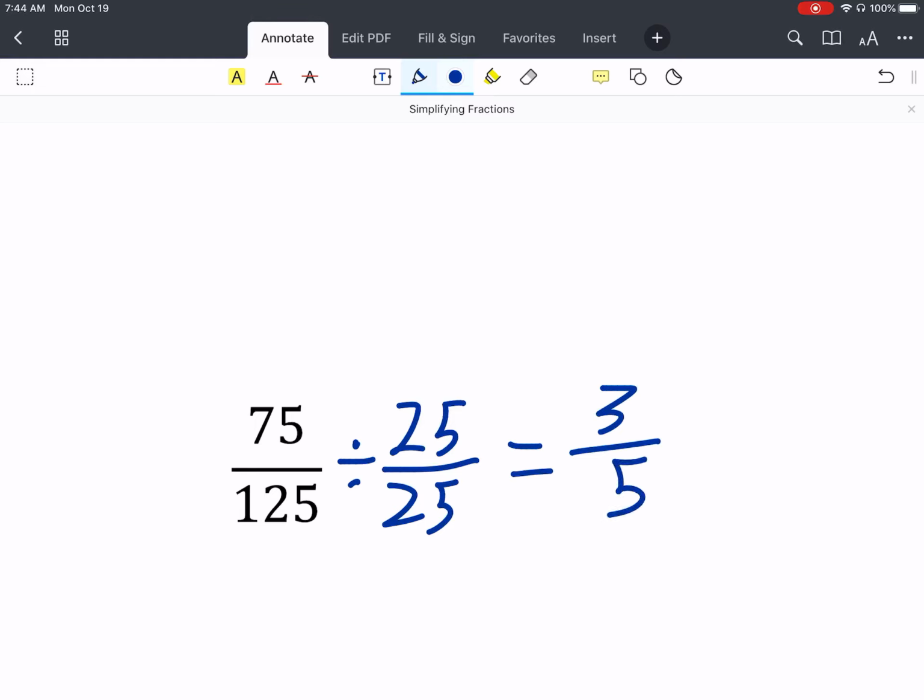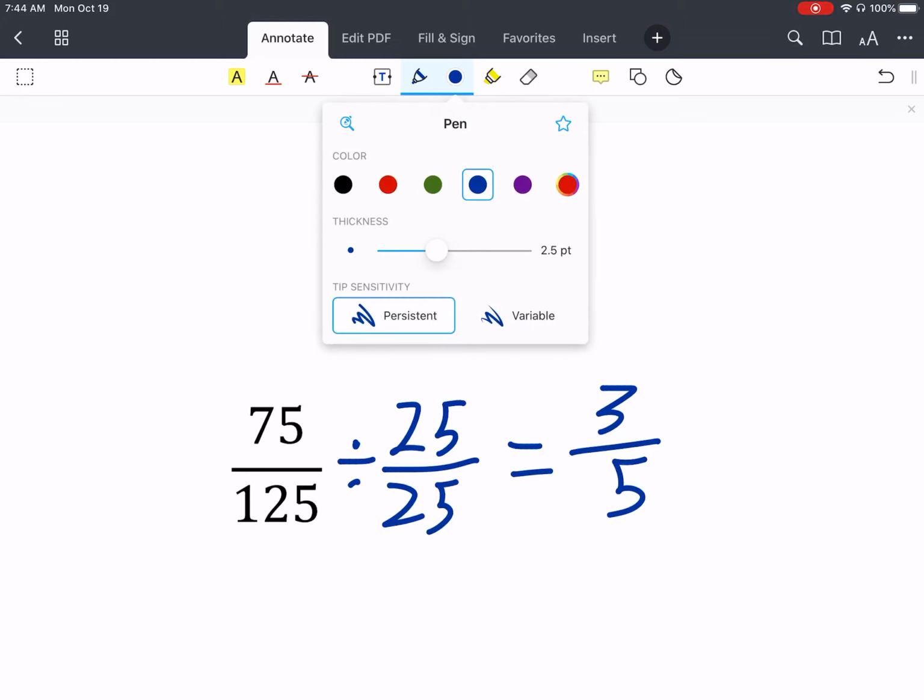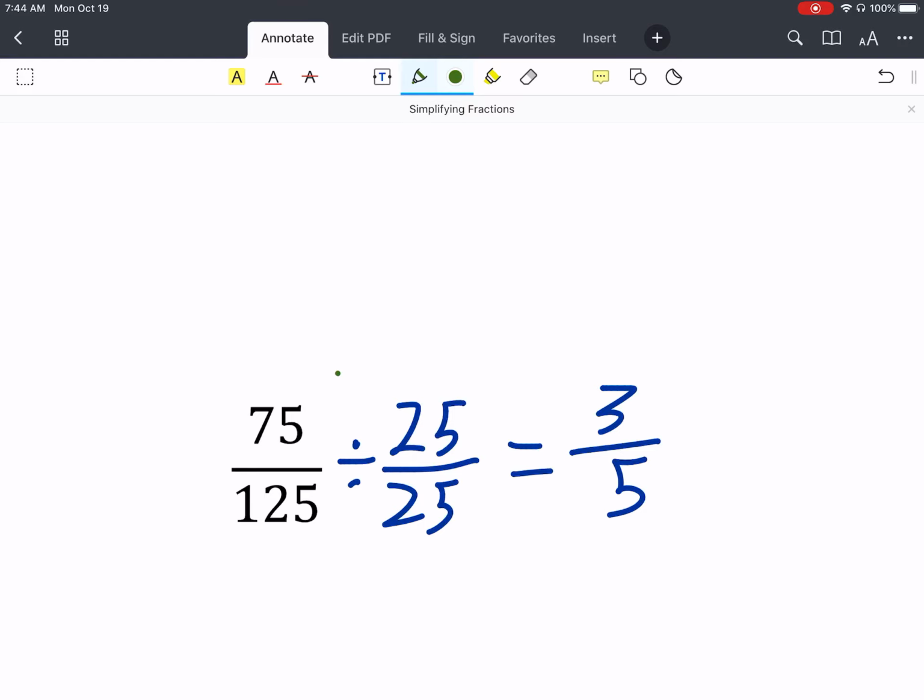It's very important to show your division as a fraction, because we aren't just dividing by 25, we're dividing by 25/25ths, because we don't want our fraction to change, we just want it to be simplified.